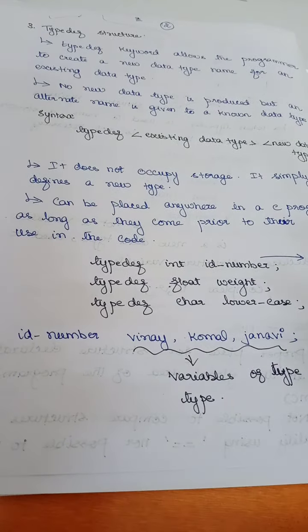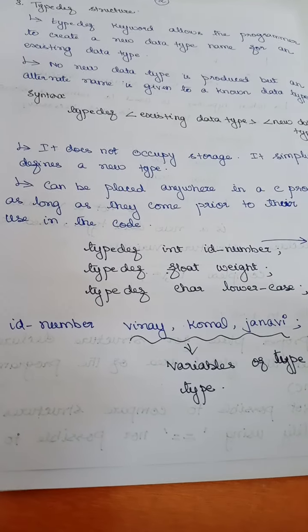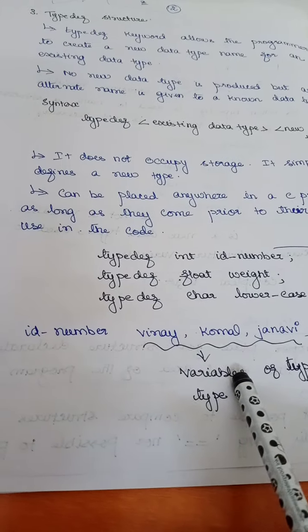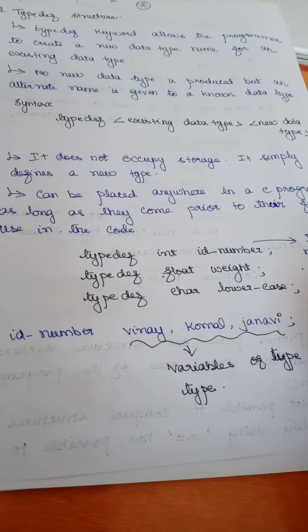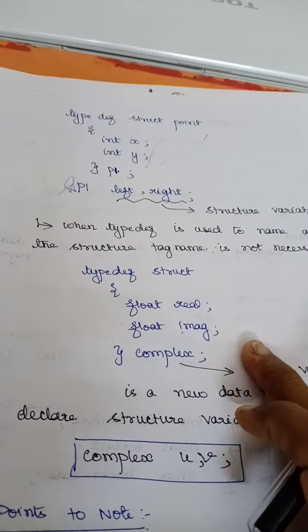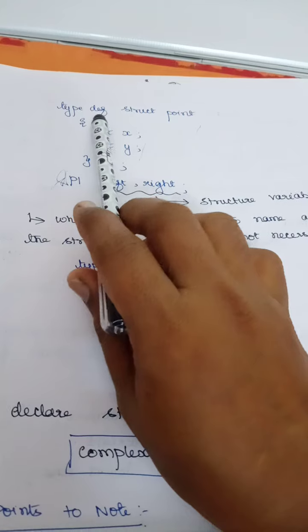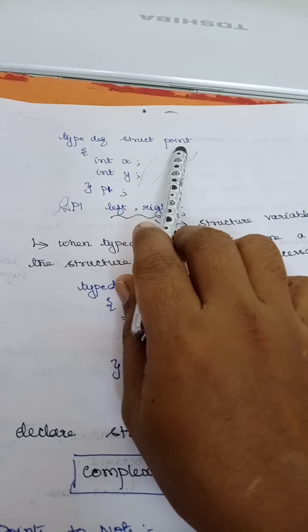If you feel that int is confusing and you want to have your own name, then you can use it like this. Here also in a structure I can create a structure type and use it. So I am giving some name. Typedef struct, you already know this is a tag name.